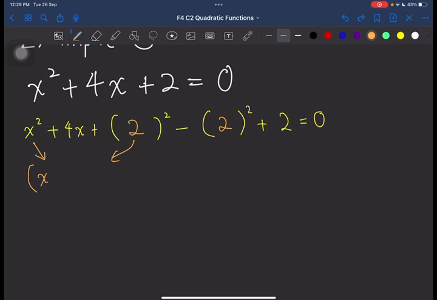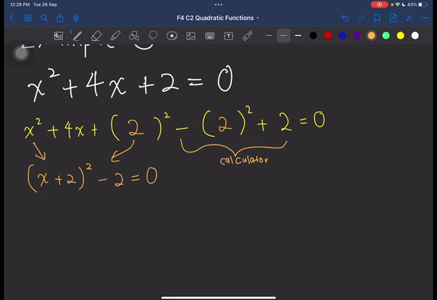So x plus 2 square, and the rest you can use a calculator: negative 4 plus 2 is -2, equal to 0. From here you will know that you have done the completing the square. Completing the square done, but now we have to find the x value.